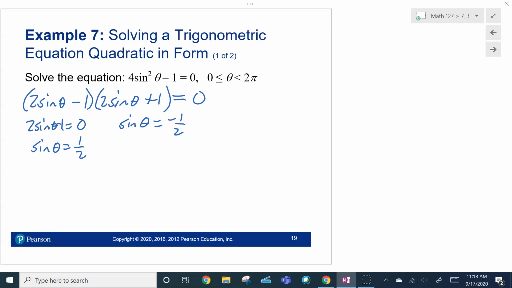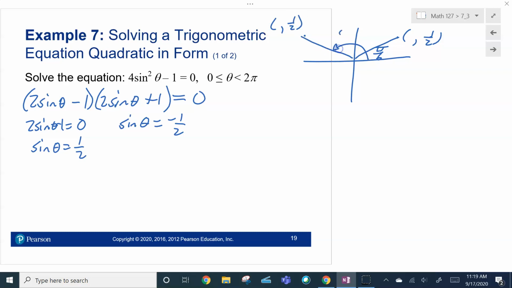So I'm just thinking, well, where does the sine of theta equal a half? We know pi 6, right? We also know 5 pi 6 is another spot where the sine of theta is a half.